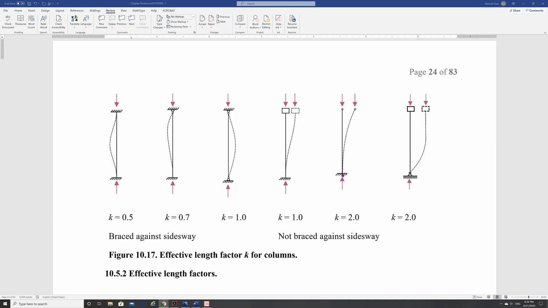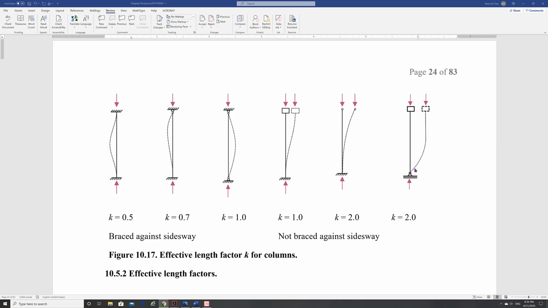You continue this drawing and you continue down here, and it will be someplace around here. So that means that the pin value is twice this condition. In order to make this one a pin, you have to go twice the length of that member. So that's why it's worse.